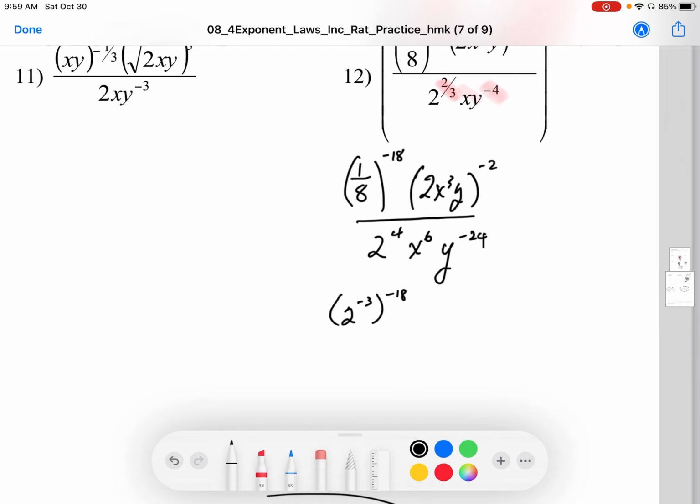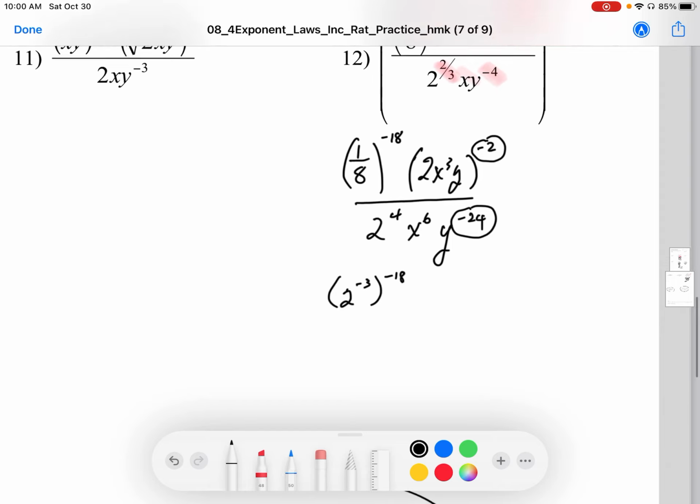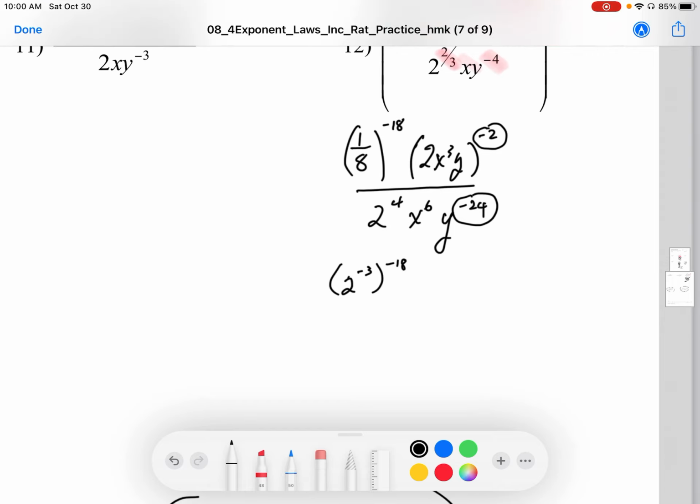Okay, so that's going to end up being a negative power. I'm just going to deal with this negative out here and put it in the denominator, and this negative I'm going to put in the numerator. So this becomes y to the 24, and this is 2x cubed y, and all to the negative 2.